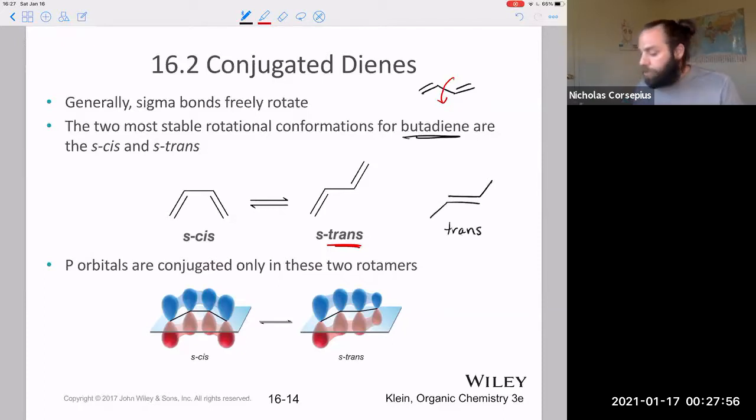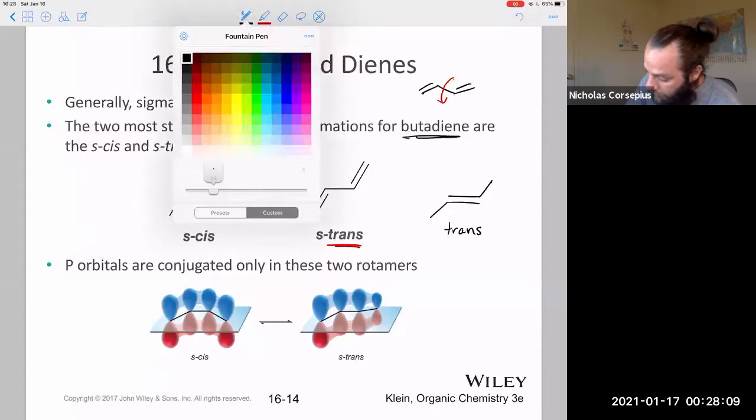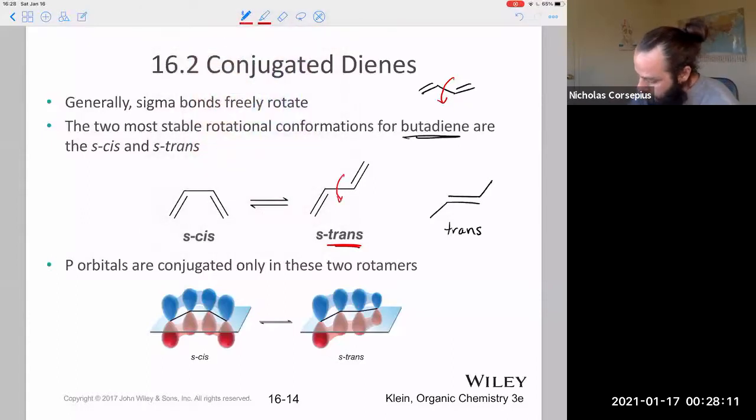This would be our traditional trans when we're talking about relationship to a double bond. With S-trans, we're talking about where those double bonds are relative to one another. But this molecule can also rotate about that single sigma bond in order to form this S-cis conformation.